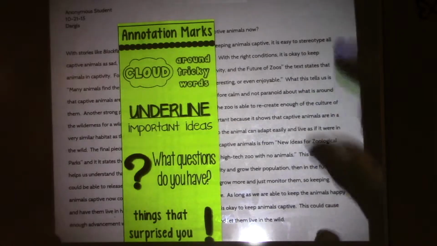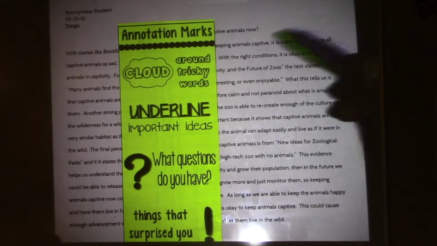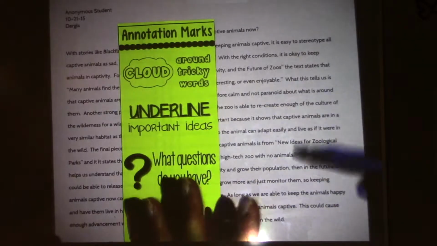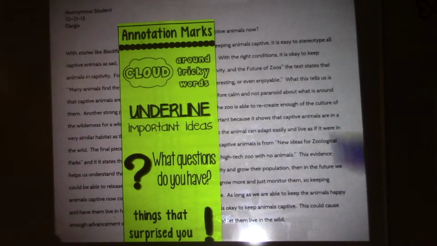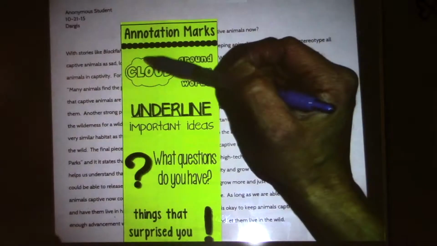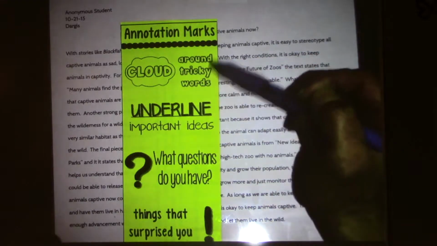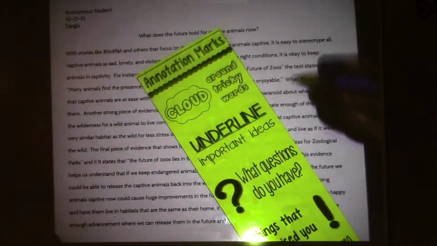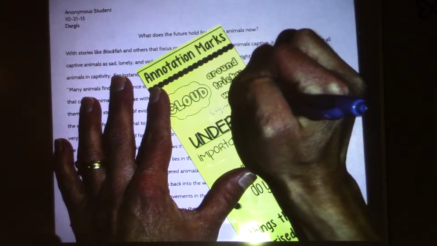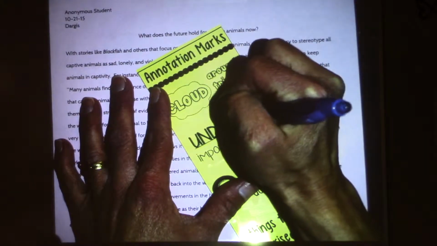So as I'm making marks up here, you guys should also be making marks on your page according to your own thinking and your observations and what you notice. And in fact, I may even pause to give you guys some time to think quietly about what you notice, and I'll be working on mine at the same time. But anyway, to go back to our annotation marks on our bookmark, we have the cloud that goes around tricky words, but then maybe also around words that we think are significant or important for some kind of reason.